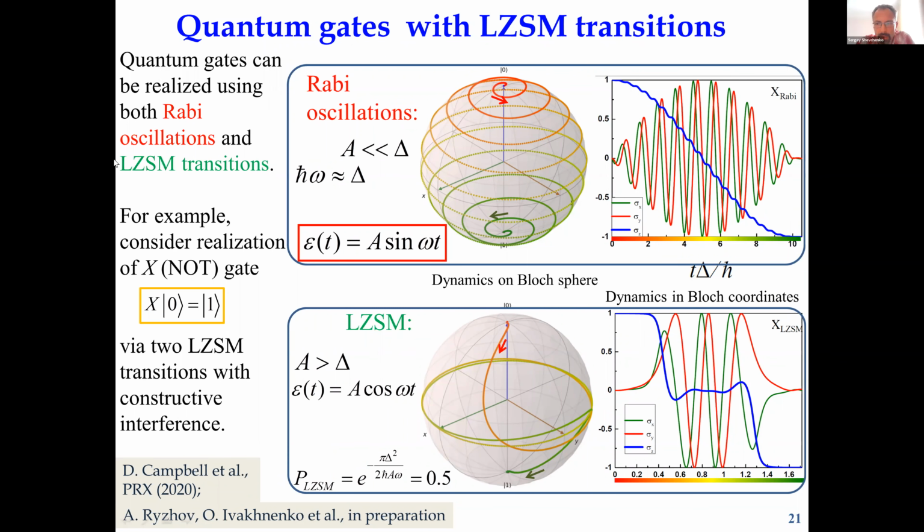Speaking about the simplest non-simple problem of a driven two-level system, even this cannot be exactly solved. So the solutions of Landau-Zener-Stückelberg-Majorana are very different, and they solve the problem with different approaches.